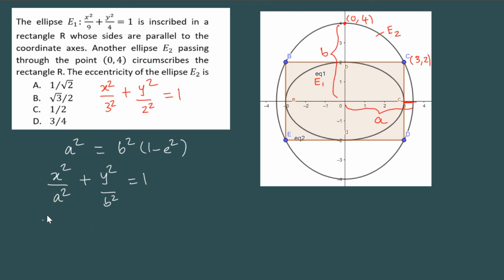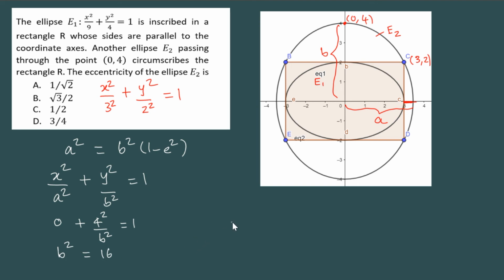I'm substituting 0 comma 4. So this term is 0, plus 4 square by B square is equal to 1. So from here we get B square as 16.